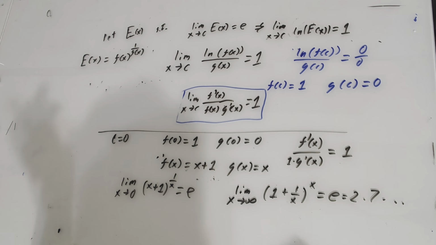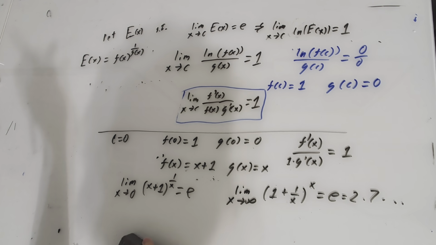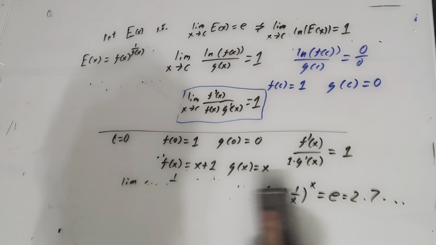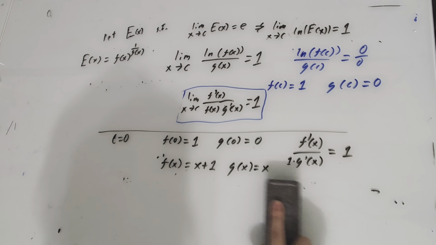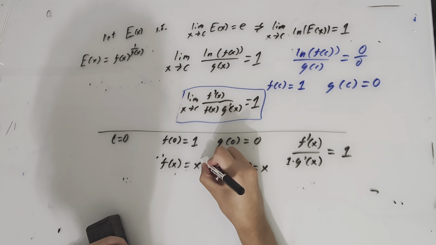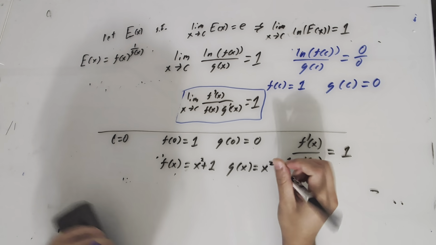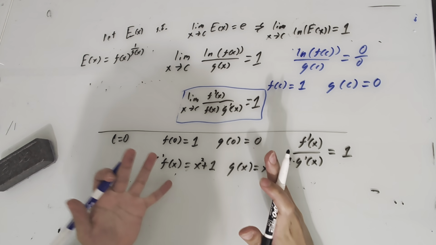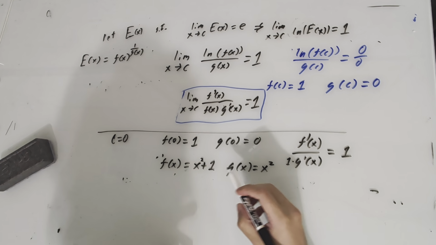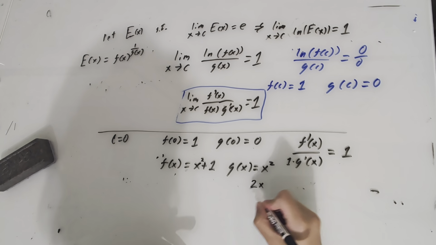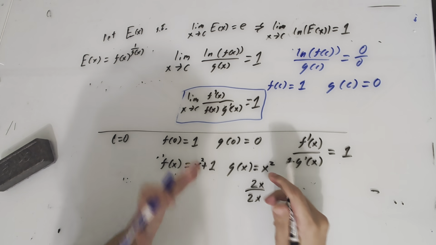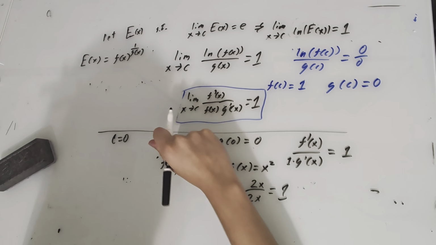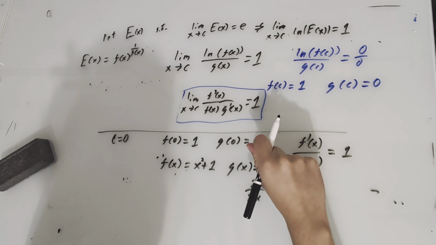Now, this can work for, let's say, something like an x squared, right here. If we plug in 0, well, for both of these, 2x over x, these are their derivatives, that equals 1. So this is satisfied, and these two conditions are satisfied, right?